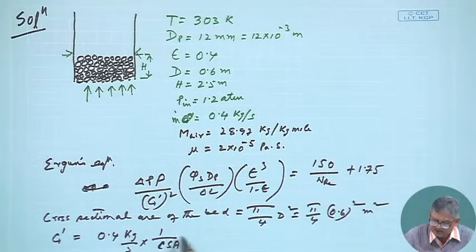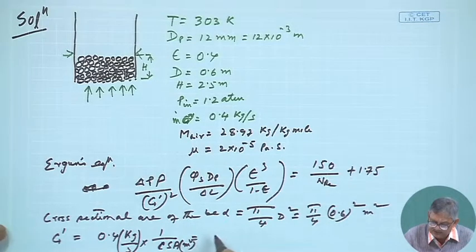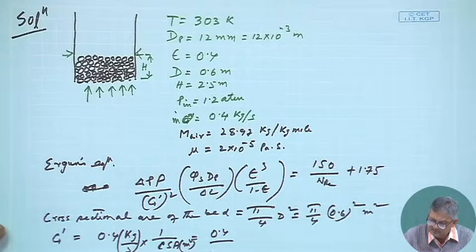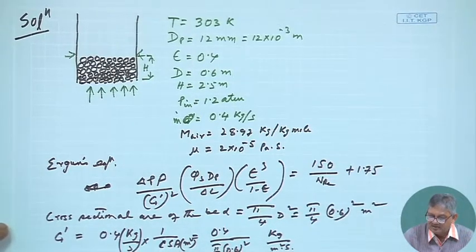This is in terms of meter square, right? So that becomes 0.4 divided by pi by 4 into 0.6 square, so much kg per meter square per second, right?